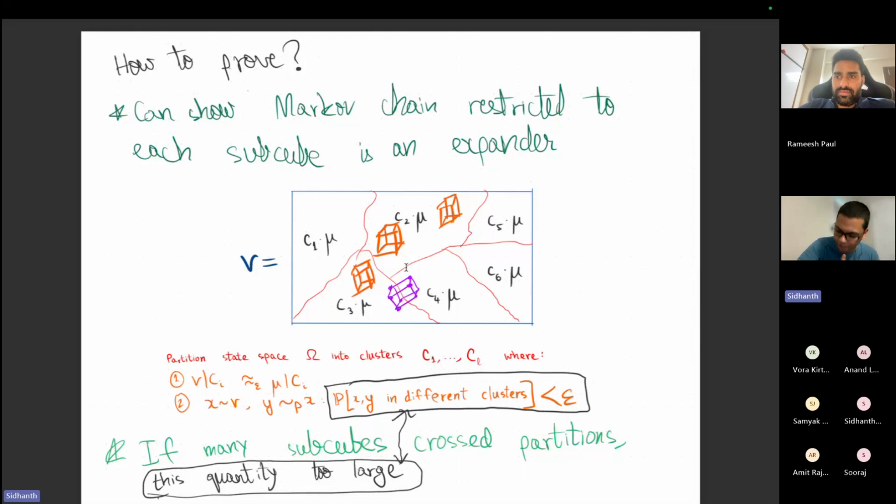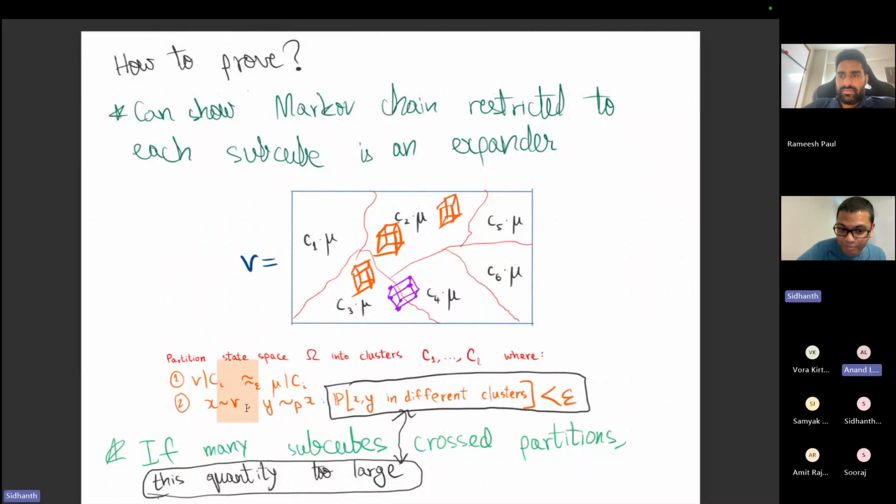Okay. Yeah, I see what you're saying. So the thing is, you should think of the cubes here as being weighted according to the distribution nu that you reached. I think you're right that if the statement that I told you was of the form most cubes when weighted by the distribution mu were contained within clusters, then you might be in trouble, because you start somewhere, but then you happen to be in a region where all the cubes are bad.